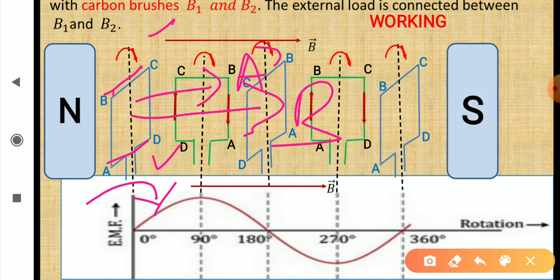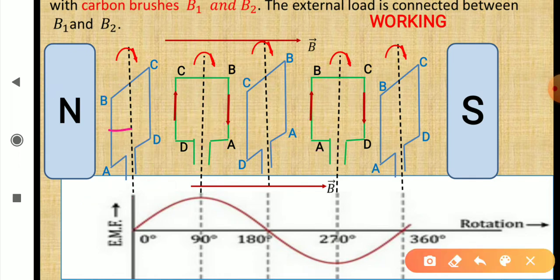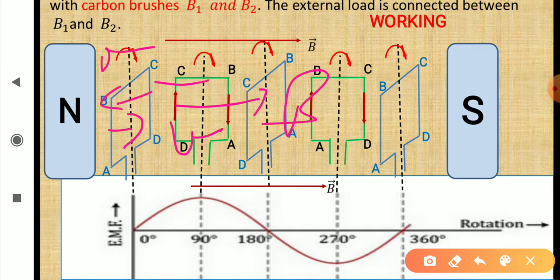Now think of this conductor AB. When this is placed perpendicular to the plane of the paper, its velocity will be parallel to the magnetic field B. This is the length of the conductor, and this is the velocity of the conductor, and this velocity is parallel to the magnetic field B. So no EMF will be induced in it, and similarly on the opposite side, this is moving parallel to the magnetic field B, and the opposite side CD is also moving parallel or anti-parallel to B. So no EMF is induced whatsoever in this coil ABCD.